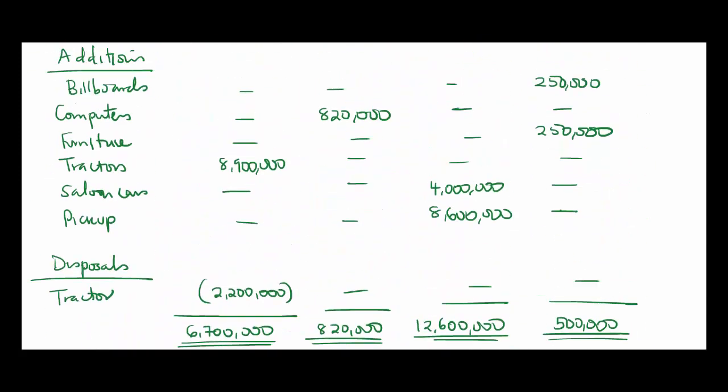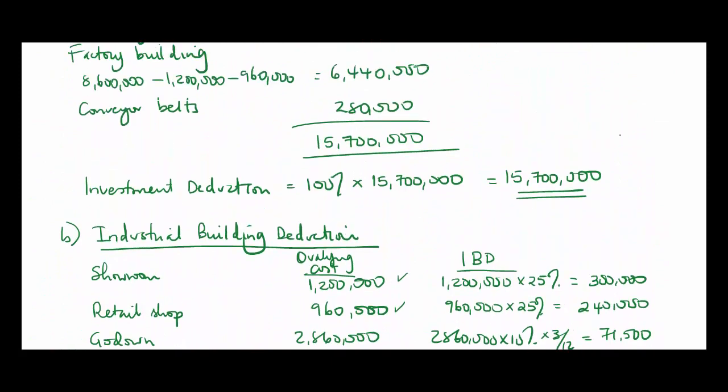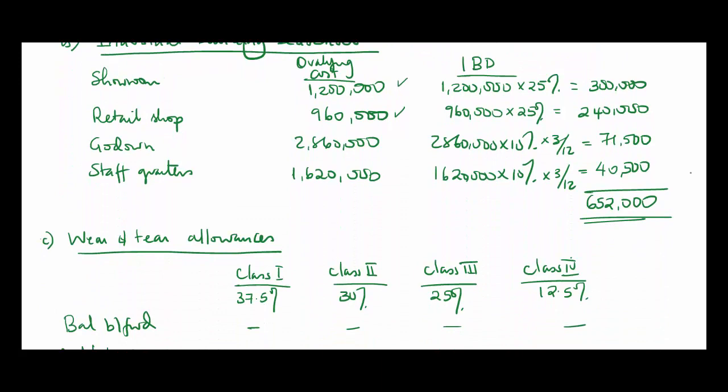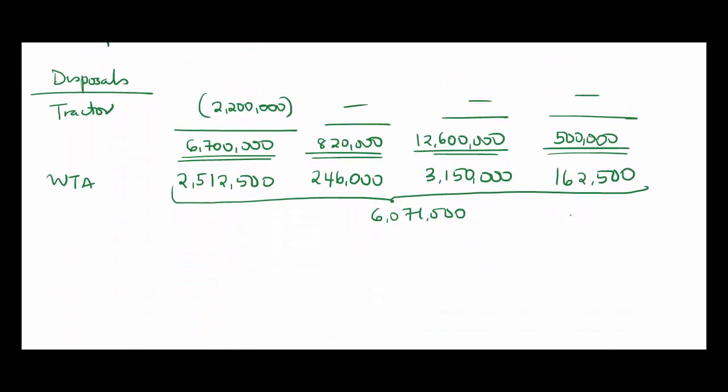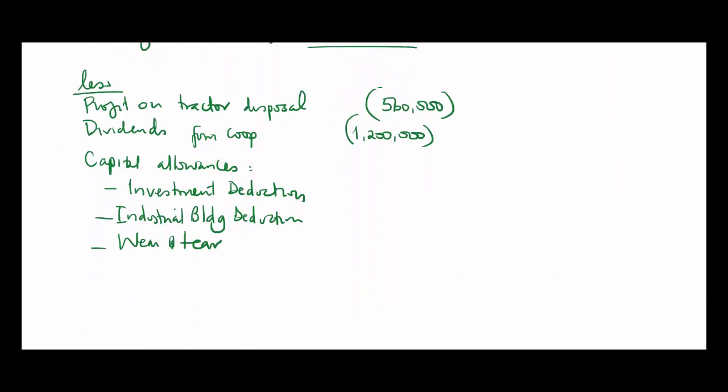Let's just get all these deductions from our first part. So 15,700, 652, 6071. Those are the three numbers.